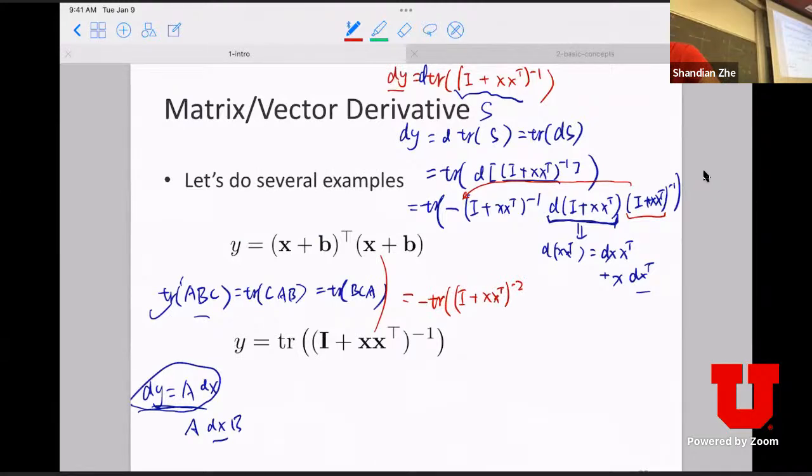For convenience, I just take the power -2, which just means you multiply I plus XX transpose inverse twice. And then you get this d(XX transpose) on the right. From the derivative, we know that d(XX transpose) is this guy, so you get dx x transpose plus x dx transpose.